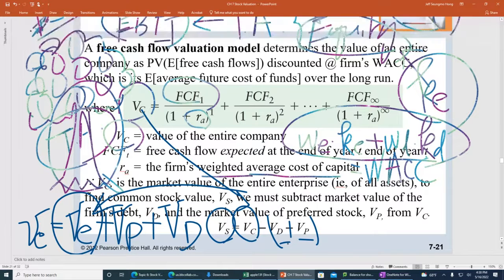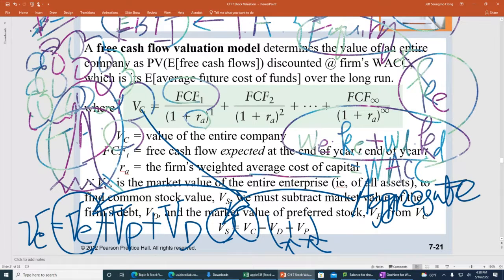So that means we need to know the value of the debt and the value of the preferred stock. But if we know that, then we can isolate the value of the common stock only. And since this is an aggregate, the value of the total equity, we'll need to divide it by the number of shares outstanding.